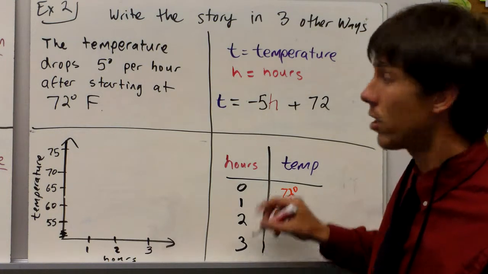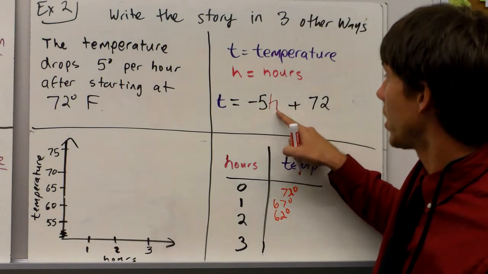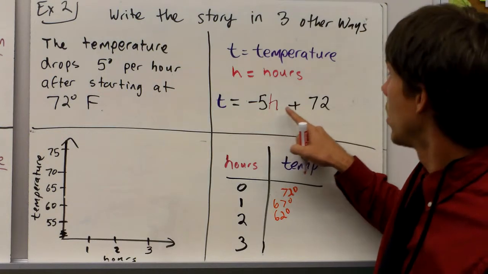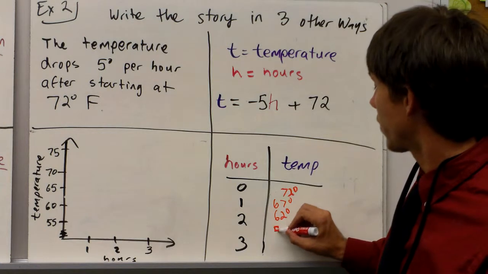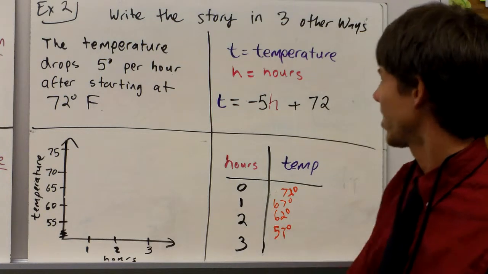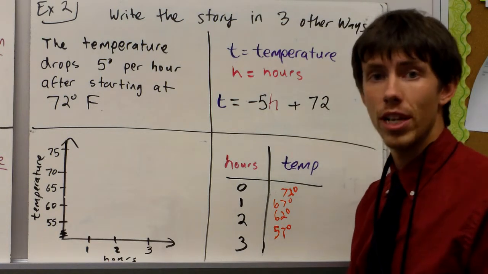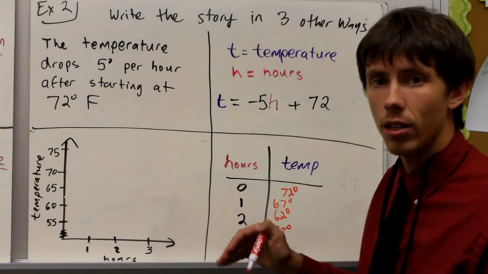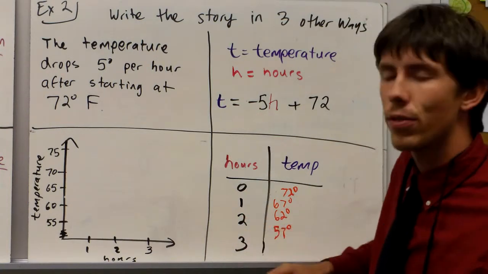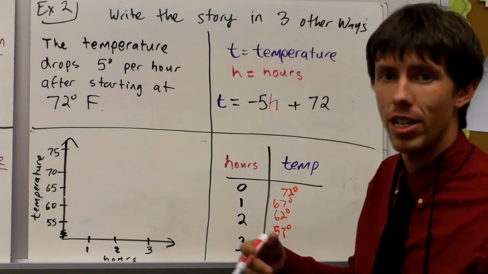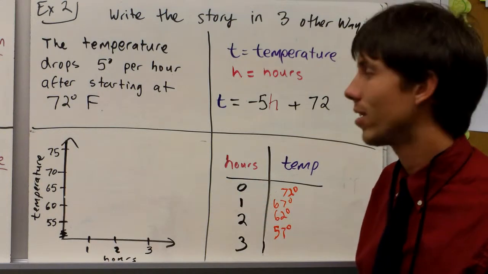And after 3 hours, negative 5 times 3 is negative 15, plus 72 gives us a temperature of 57 degrees. So we can make predictions in the future, like weathermen, based on the hours. So if we were to say after 10 hours, we can make a prediction on what the temperature would be.